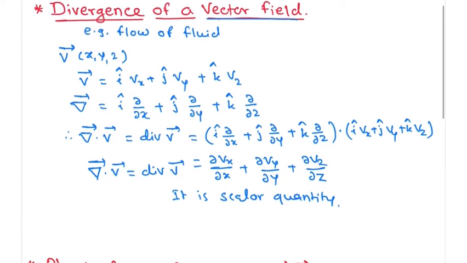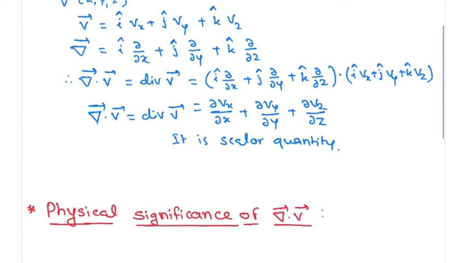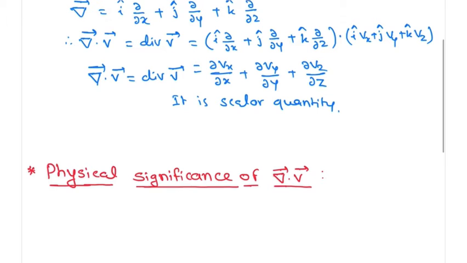Now we see what is the physical significance of divergence of vector point function.